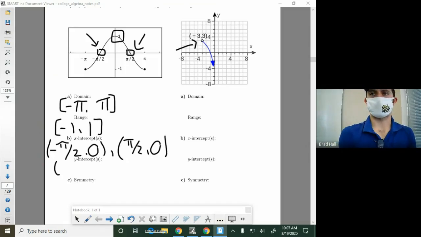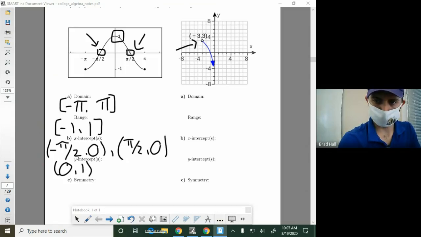For a y-intercept, part of the definition is that x is 0 by default. The y value is obviously 1. So that's the y value that corresponds to that point. So we only have one y-intercept because the graph only crosses the y-axis one time.